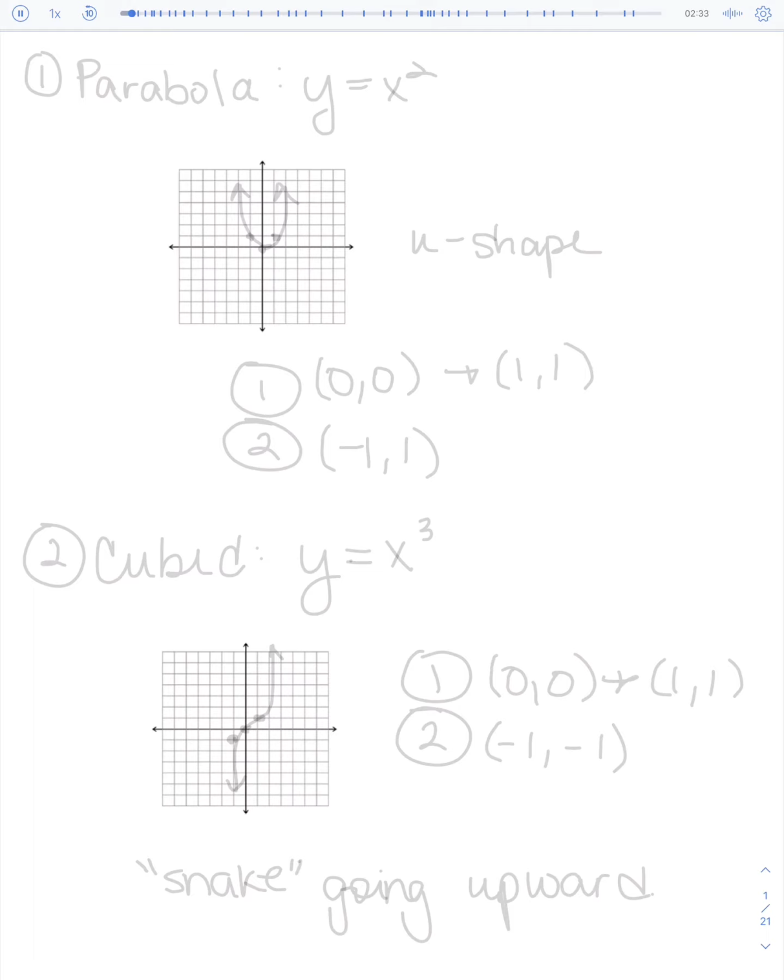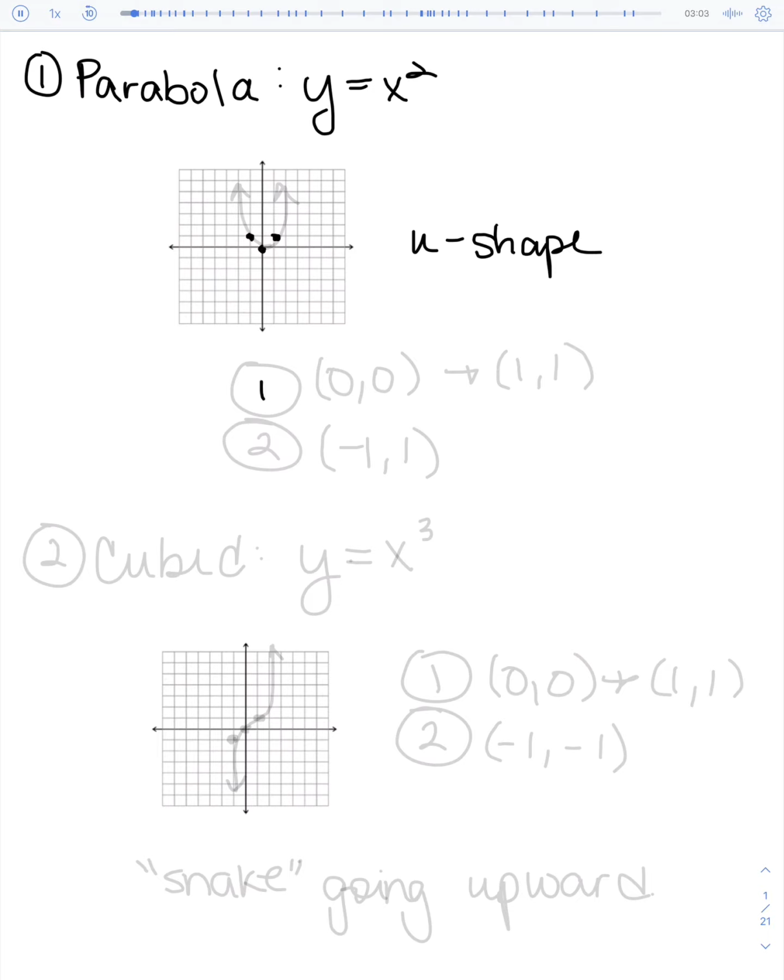Number 1, a parabola, which is y equals x squared. The parabola has a U shape, and the 3 key points that we go through are 0, 0, 1, 1, and negative 1, 1.